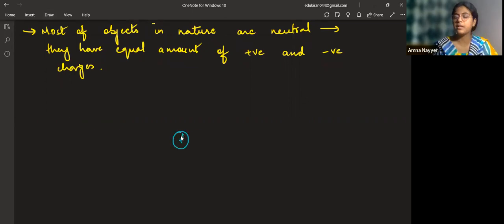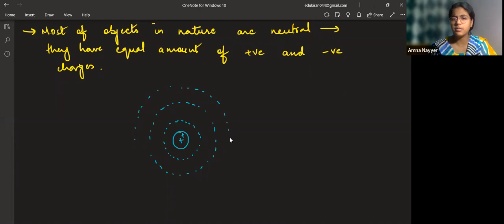Fine, protons are present here. What about electrons? Electrons are revolving around the nucleus in circular orbits. Some of the basic ideas you already have from your class 11 chemistry. The rest of the details of modern physics we'll see when we reach the term 2 portion.